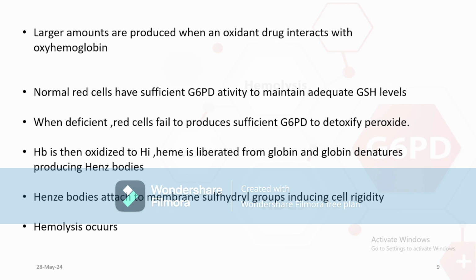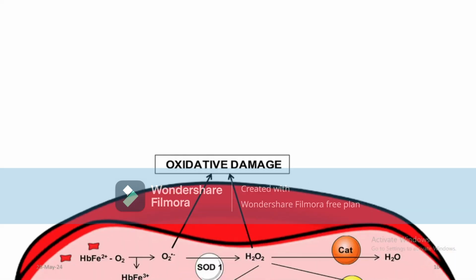Once it is oxidized to methemoglobin, heme is liberated from globin, and globin denatures, producing Heinz bodies. Of course, Heinz bodies attach to the membrane sulfhydryl groups, which induces cell rigidity and causes hemolysis, which is very important.